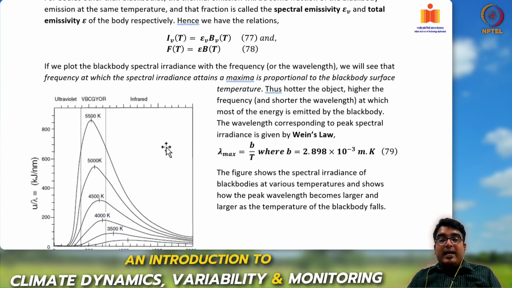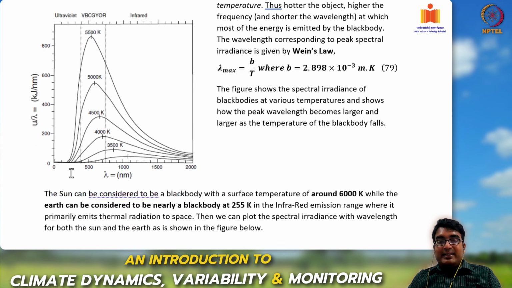So if we do that, this is the F nu term on the y-axis, and this is the wavelength lambda on the x-axis, and these are the F nu plots with the wavelength lambda for different black body surface temperatures. And we immediately see two things.